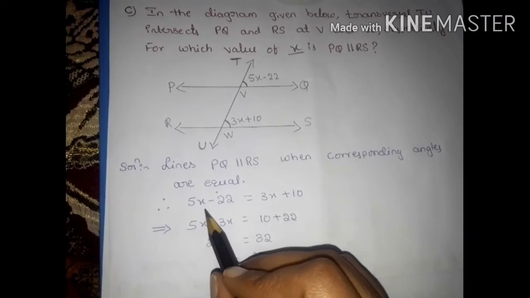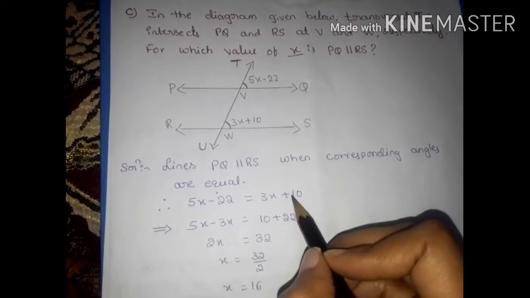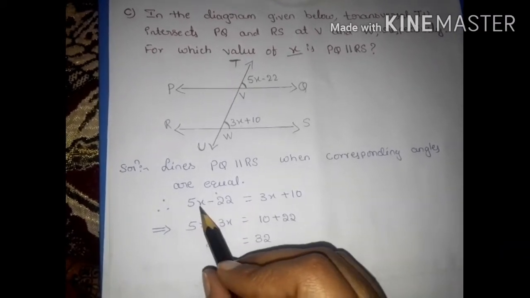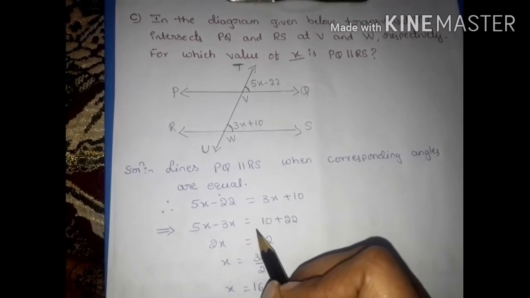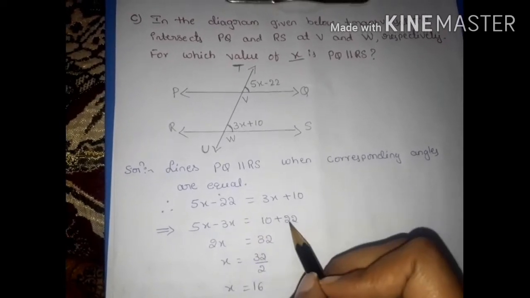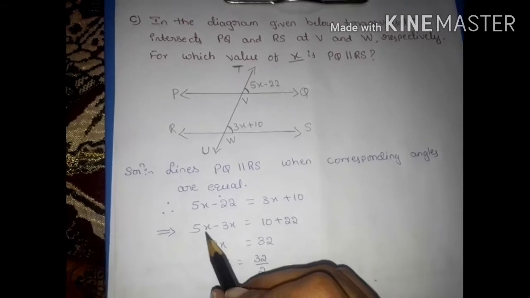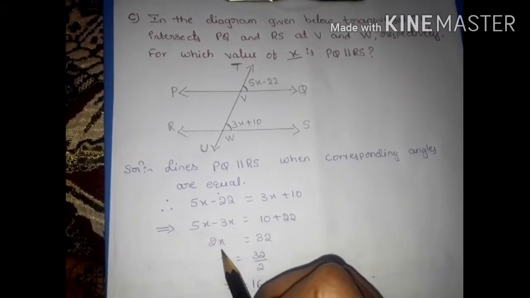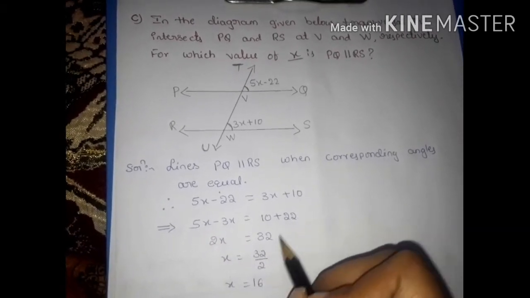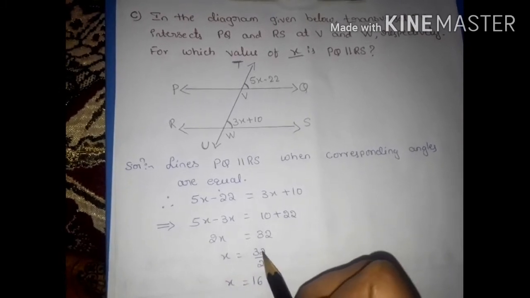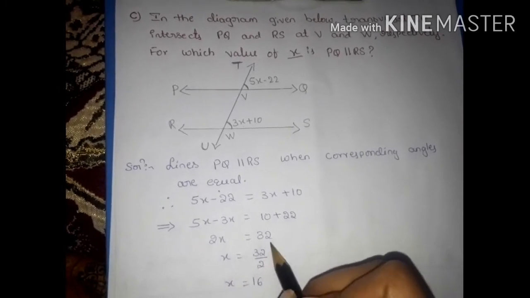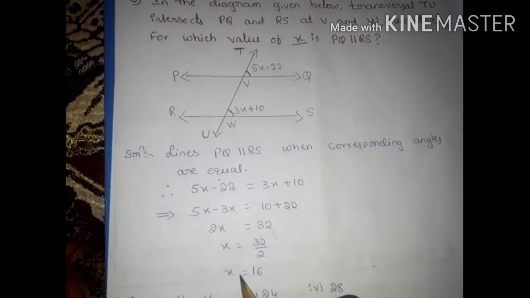Just transpose all like terms and constant terms to one side. 5x minus 3x is equal to 10 minus 22, which converts to plus 22. 5x minus 3x equals 2x, equal to 10 plus 22, 32. x equals 32 by 2. Two ones are 2, two sixteens are 32. The x value we got is 16.